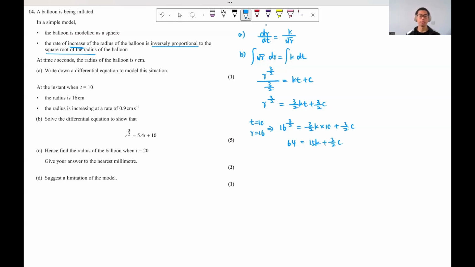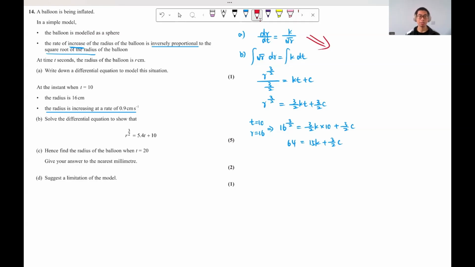And then we need another equation to solve k or c to set up the simultaneous equation to solve it. And then the second information they gave us is the radius is increasing at the rate of 0.3 centimeter per second. So if it's the rate of change of the radius, we can just use the original one, this.